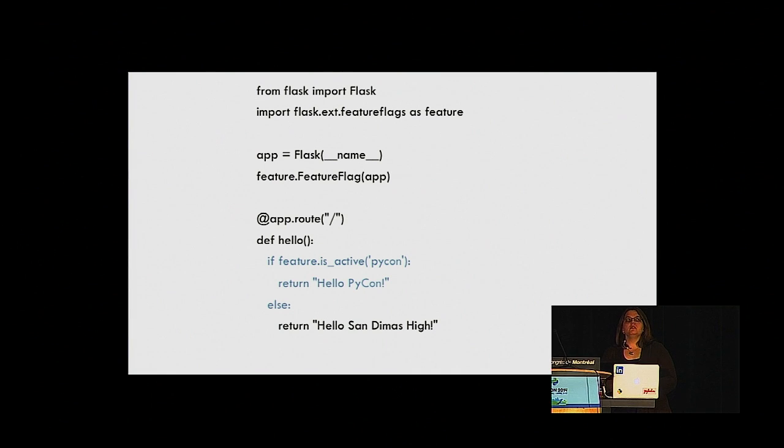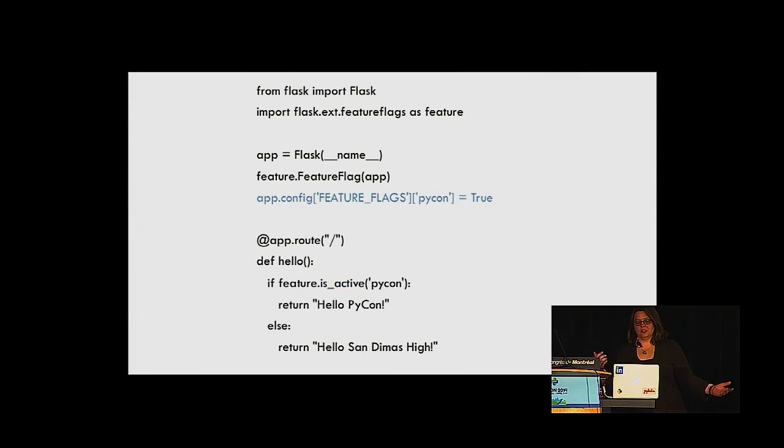So in vanilla Flask, there's really only one place to store configuration like that, and it's called app.config. On that magic app object, there's a property called config, which is mostly like a dictionary, and it stores config key names and values. So we're going to call our config FEATURE_FLAGS, and it itself will be a dictionary.